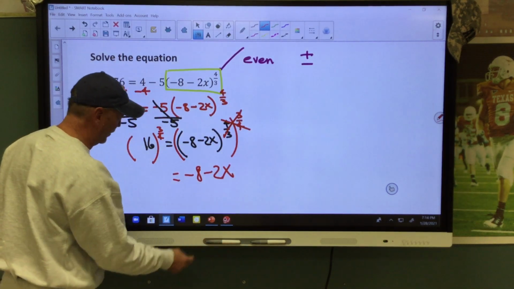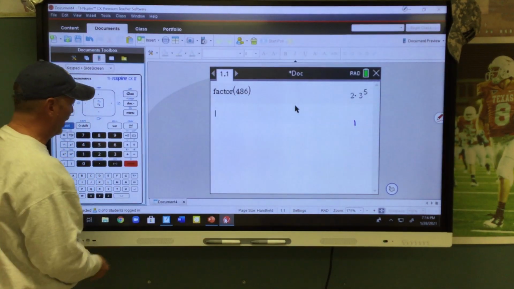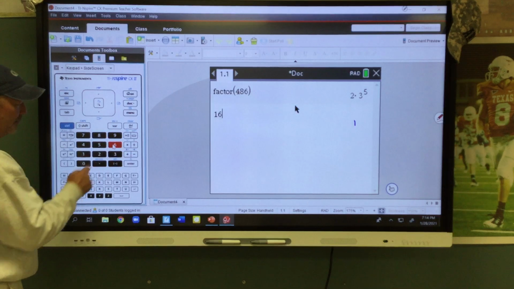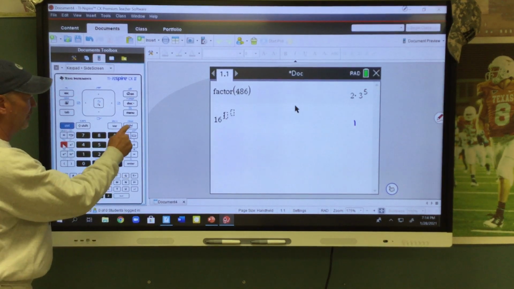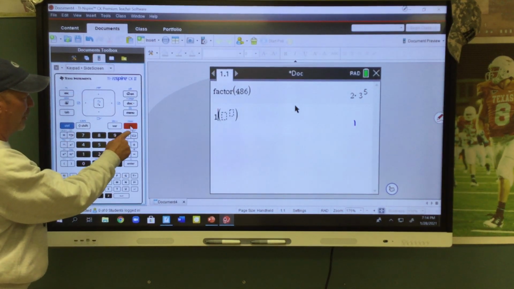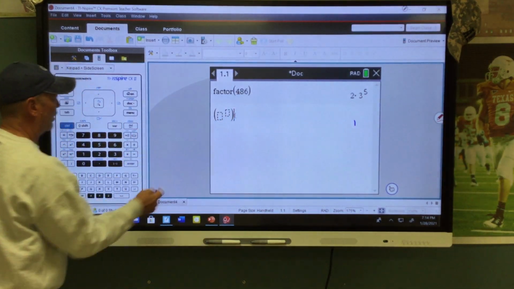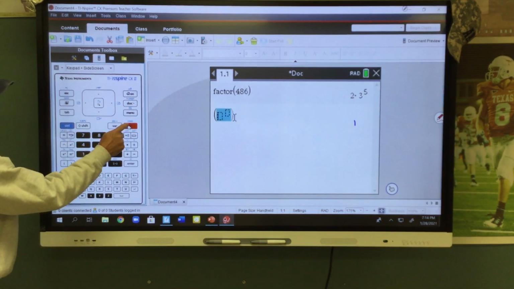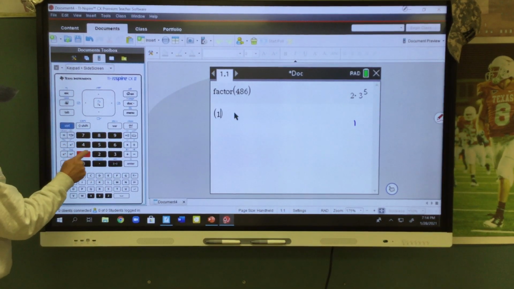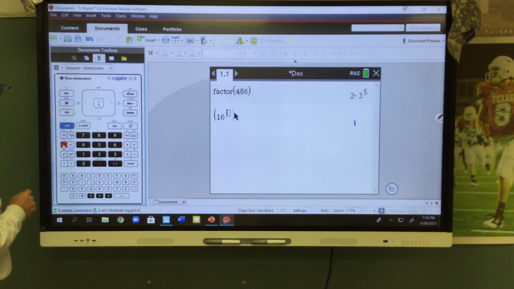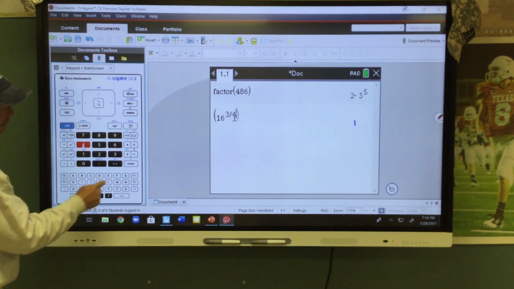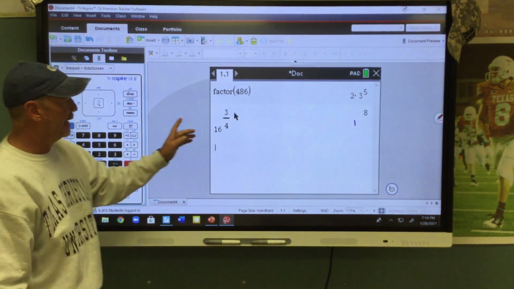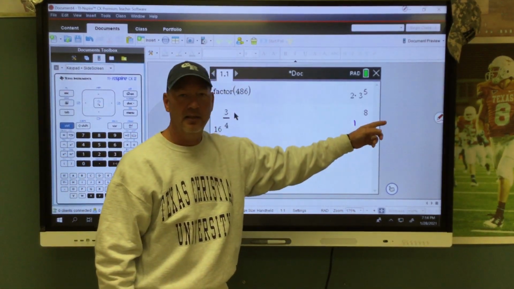Go to your calculator. We're going to input 16 raised to the 3 divided by 4, and we're going to say enter, and it says it's going to be 8.